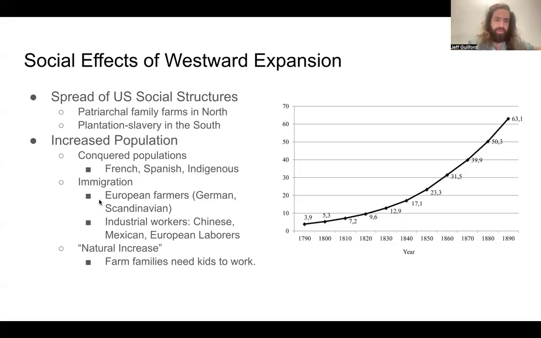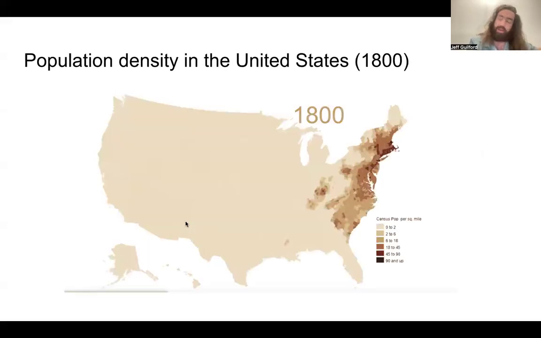It's also going to result in increasing immigration into the United States, mostly into the free territories of the North, especially folks coming in from Europe, coming in to work as farmers in the Midwest, and folks coming in to work as industrial workers in the growing cities of the North and also the West.